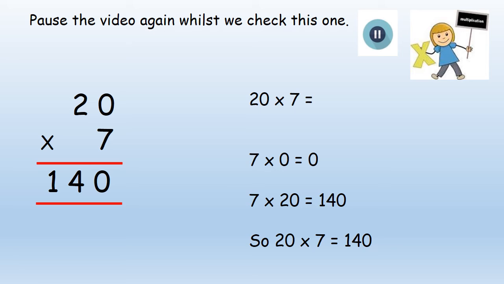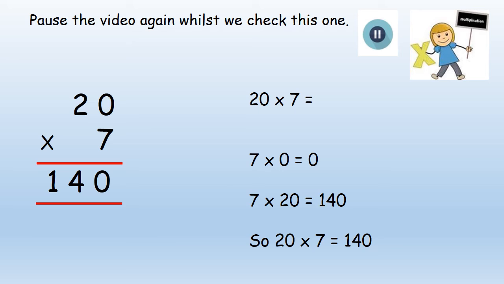20 times 7. First we'll multiply the ones. 7 times 0 equals... I hope nobody's written 7 down. What do you always get when you multiply any number by 0? That's right, it's 0. So you should have put a 0 in the answer lines there.